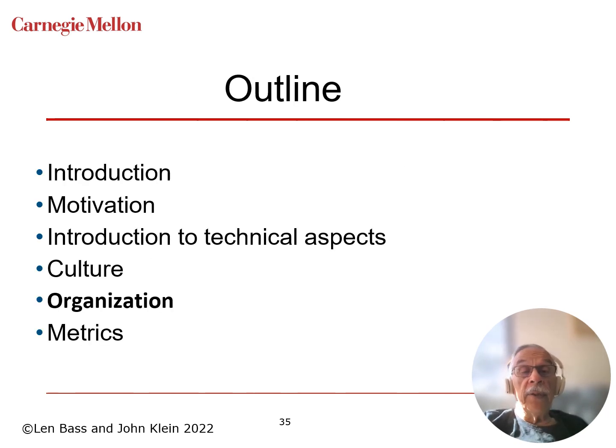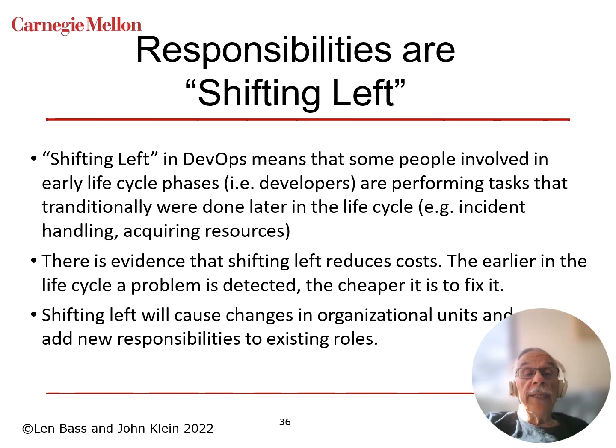So let's talk about organization now. In general, there's the concept of shifting left in DevOps, which means that some people involved in the early lifecycle phases, which specifically means developers, are performing tasks that traditionally were done later in the life cycle.